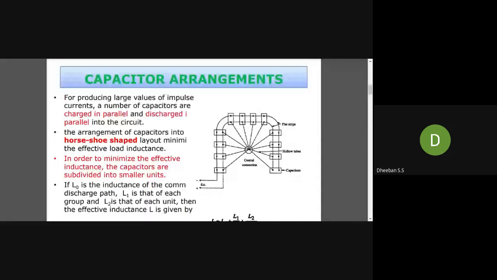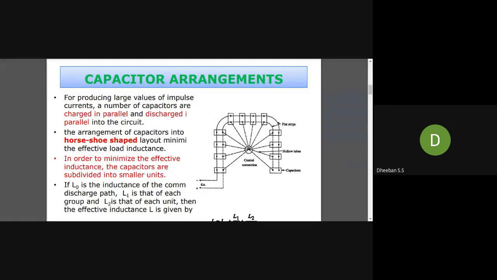We have seen the series RLC circuit, where by constant charging and discharging of the capacitor it is possible to generate impulse current. For producing a very large amplitude of impulse current, you have to make an arrangement like this.